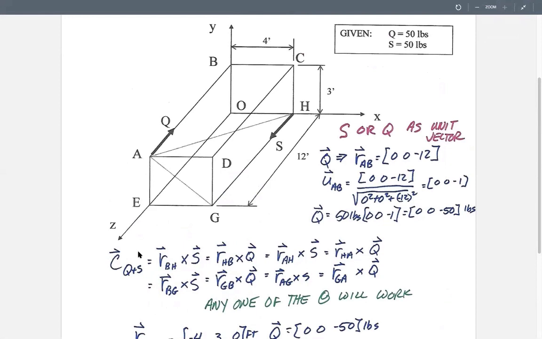So for this one, it went from B to H, right? So if you're going from the line of action of Q to the line of action of S, you multiply it by the magnitude of S. But if you're going from the line of action of S to the line of action of Q, you use the magnitude of Q. Does that make sense?